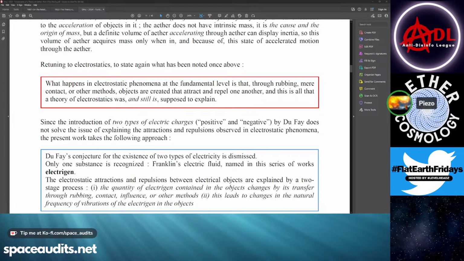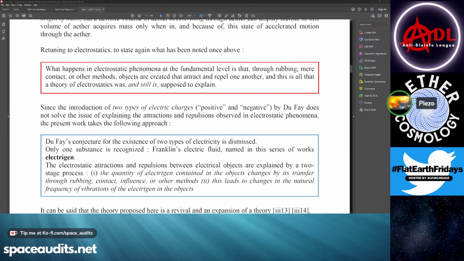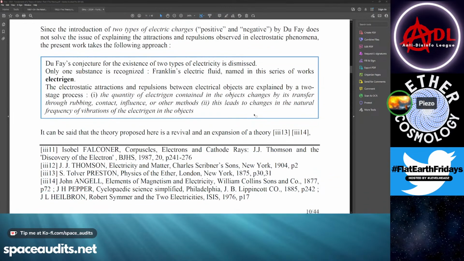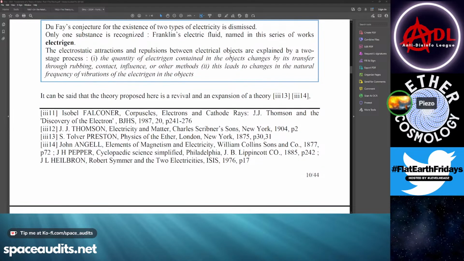Since the introduction of two types of electric charges, positive and negative, by Dufay does not solve the issue of explaining the attractions and repulsions observed in electrostatic phenomena, the present work takes the following approach. Dufay's conjecture for the existence of two types of electricity is dismissed. Only one substance is recognized, Franklin's electric fluid, named in this series of works electrogen.